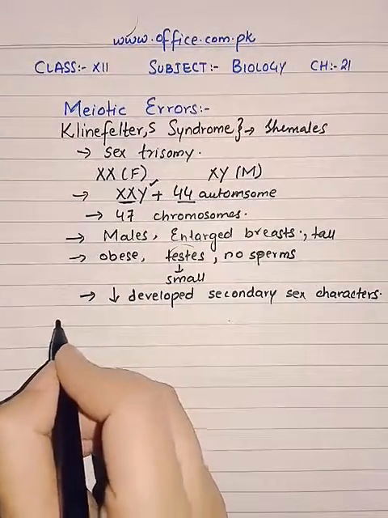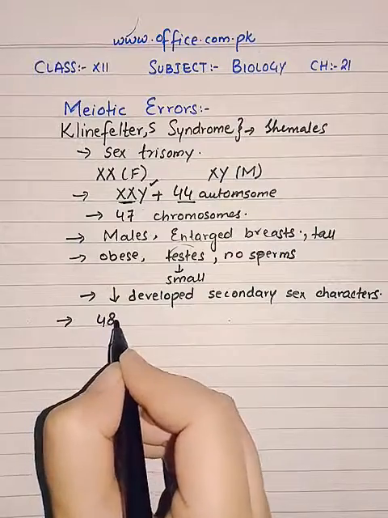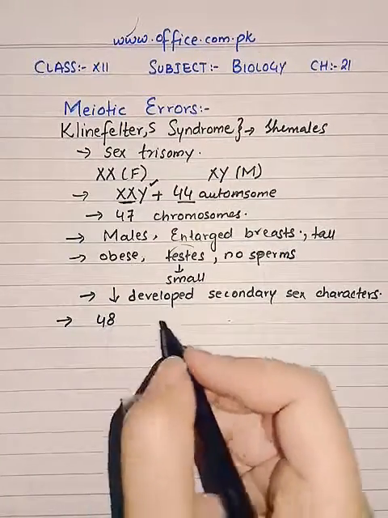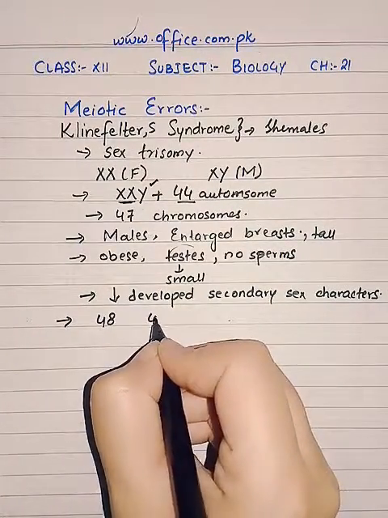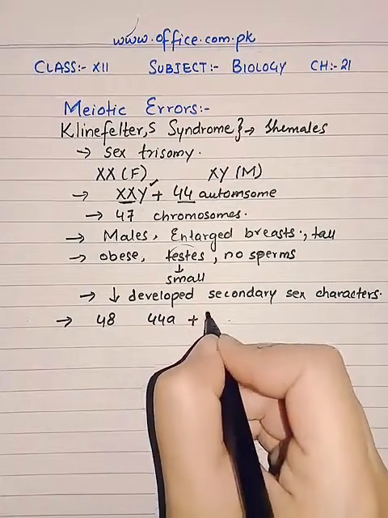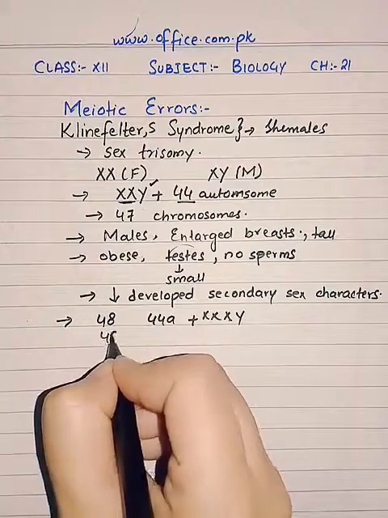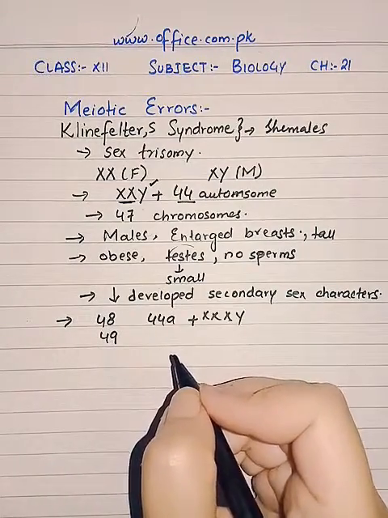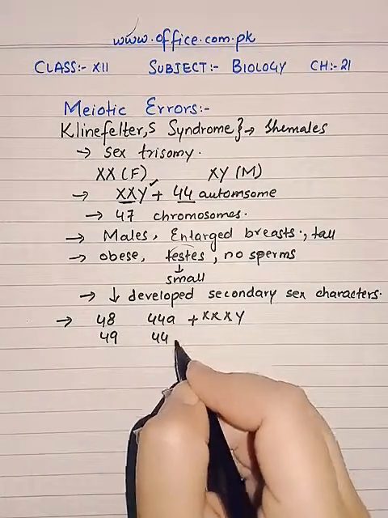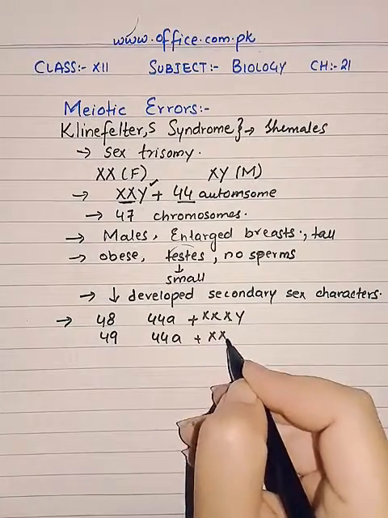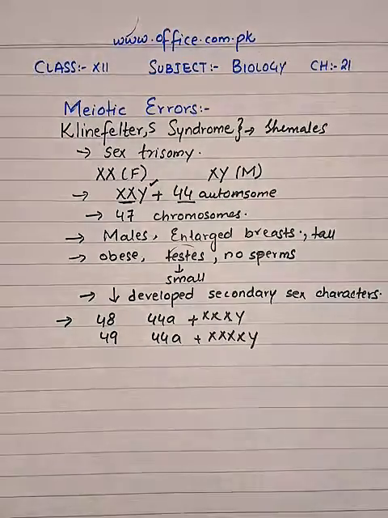In addition to 47 chromosomes, 48 chromosomes males, with 44 autosomes plus XXXY chromosomes, and 49 chromosomes, with 44 autosomes plus XXXXY, are also observed.